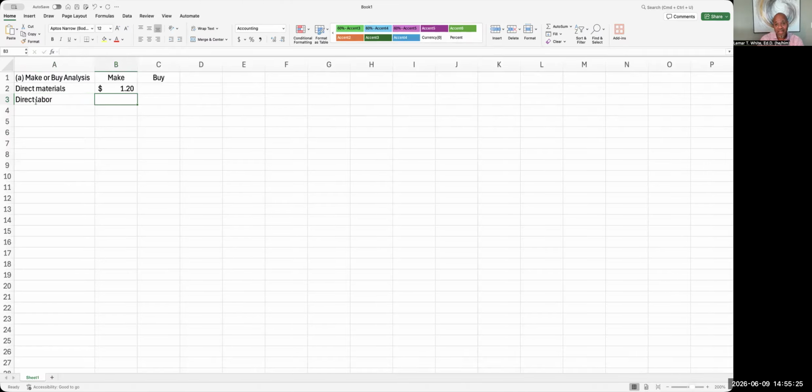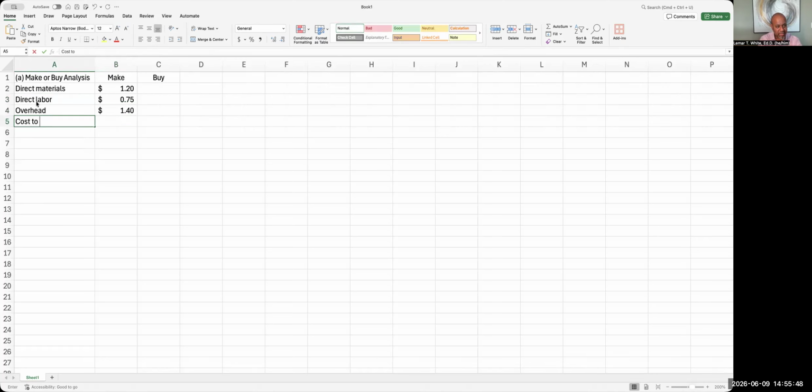And this is obviously to make it. To buy it, you're not going to incur any materials, labor, etc. Those were incurred by the company that actually made the part. So the direct labor is 75 cents per unit, and our overhead is $1.40 per unit.